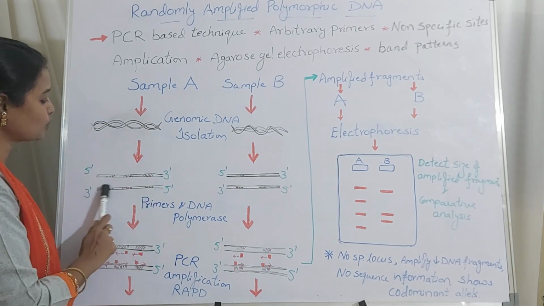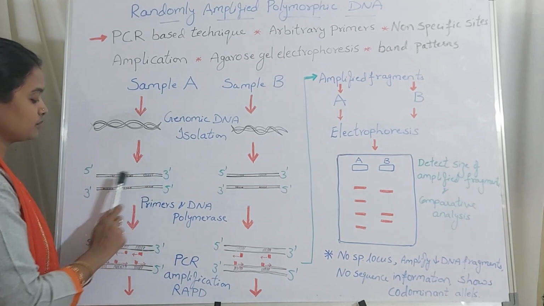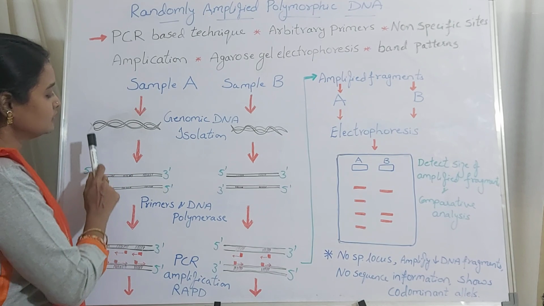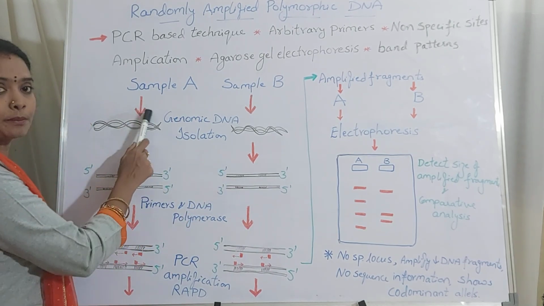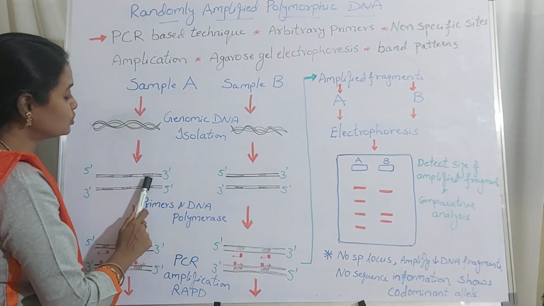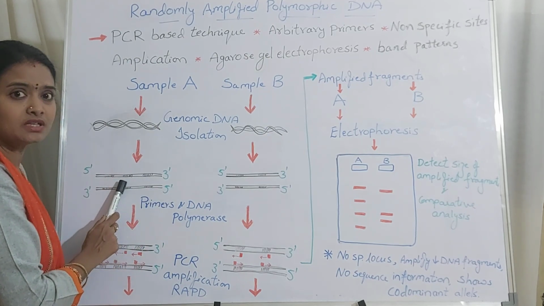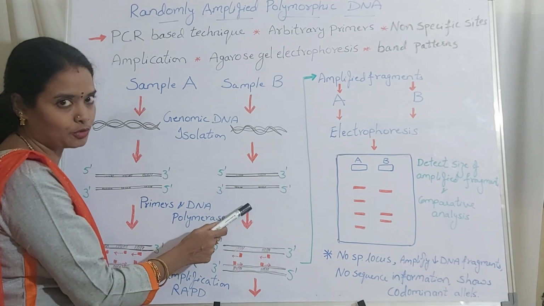Now you have this double stranded DNA, 5' to 3' and 3' to 5', with complementary bases and complementary strands. This is the sample A DNA and this is the sample B DNA. To these I add the primer and the DNA polymerase separately.